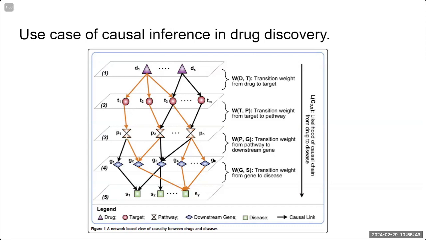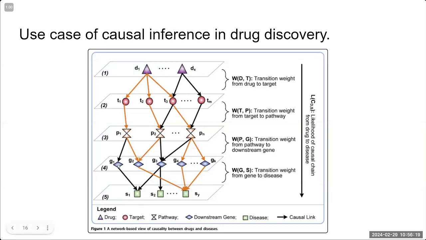Each pathway can also trigger some genes. For example, pathway P1 can trigger gene 1 and gene 2, and pathway 2 can trigger gene 2 and gene 3. These triggered gene expressions are upregulation or downregulation due to triggering of those pathways. Each upregulation or downregulation of a gene can be related to curing some of the diseases.